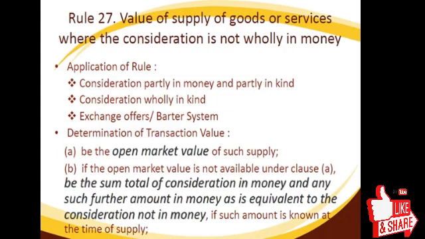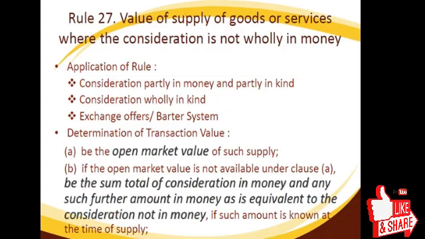Now what these 5 points denote is that in case you fall under rule 27, then for determining the transaction value, you move to the first point, which is open market value. In case the open market value is not available in the question, then you will move on to the next point, which says take the total of monetary plus non-monetary consideration.